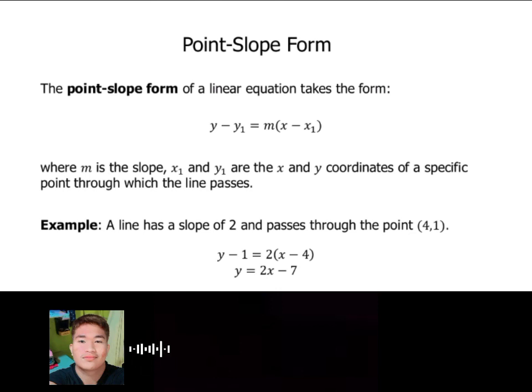Example: a line has a slope of 2 and passes through the point (4, 1). y minus 1 equals 2 times (x minus 4). Next is y equals 2x minus 7. That's one example.